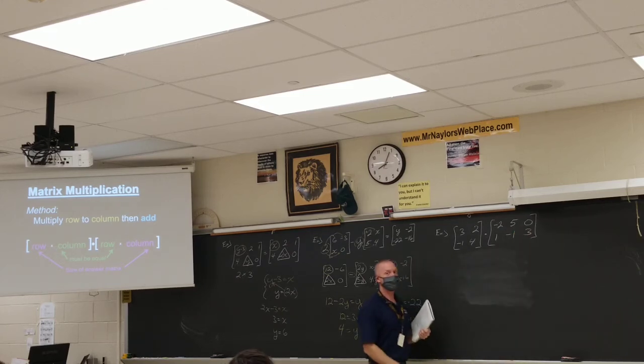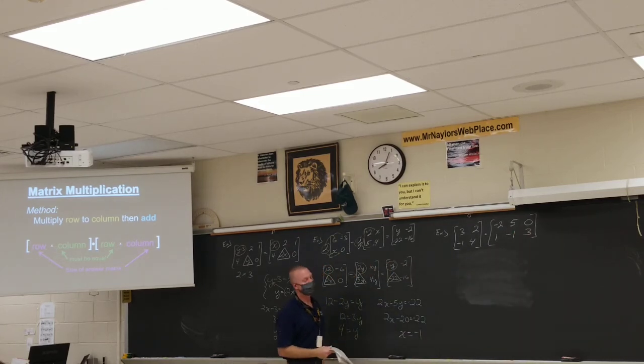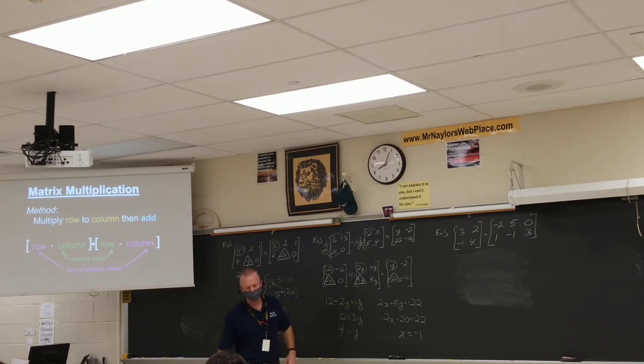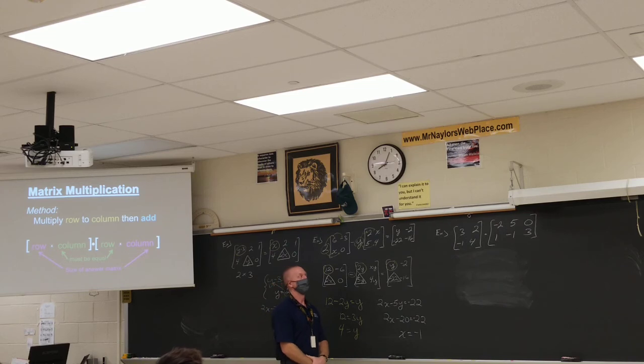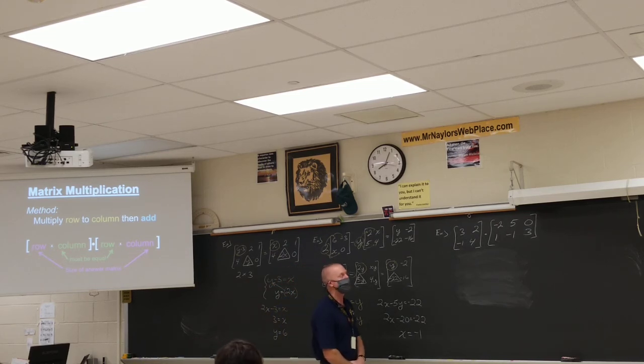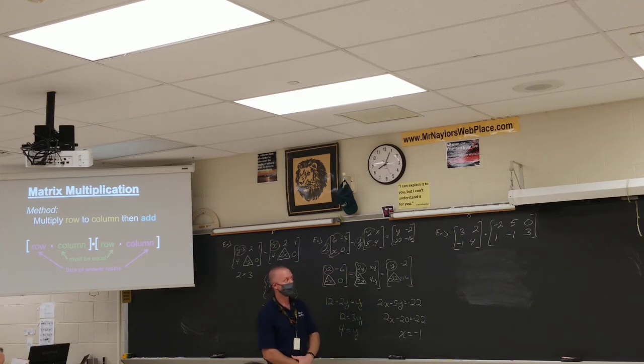It's got a -2, 5, a 0, and then a 1, -1, and a 3. Now remember, I also realize that some of you, when you see this, may remember it from Algebra 2 or from another class that you took, but if for some reason you've never seen it, I'm confident that you can figure it out.